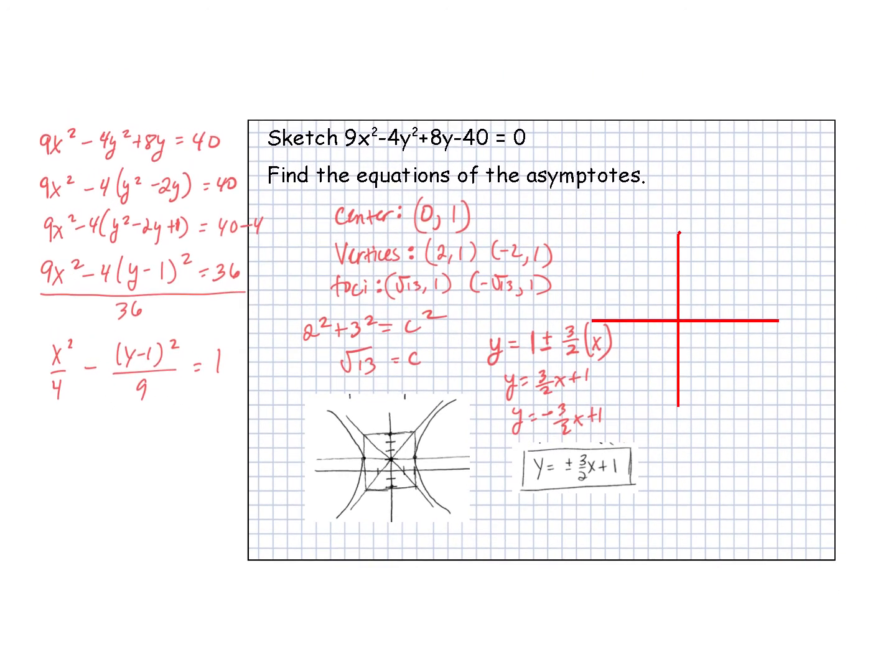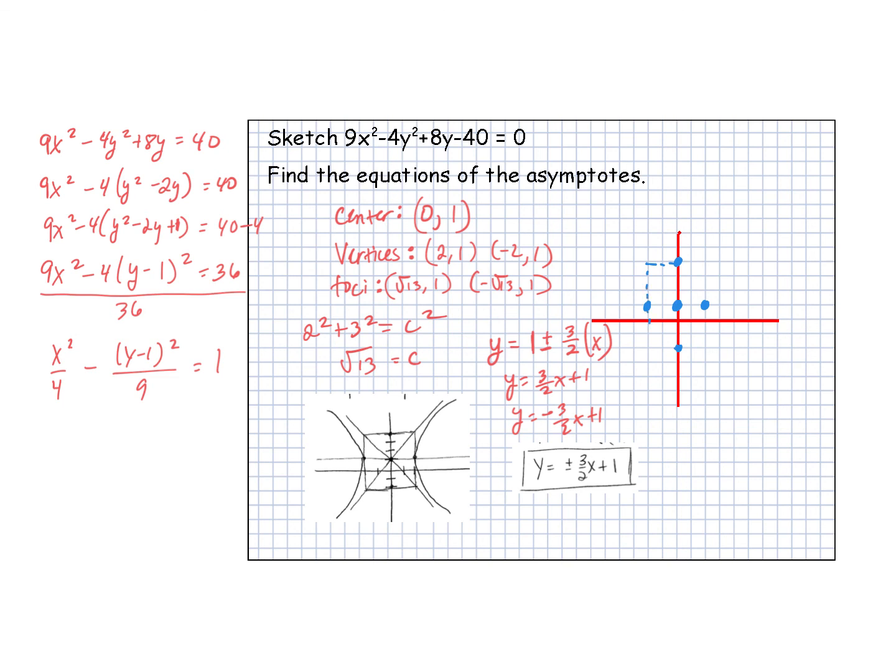Let me change colors. So starting with my center at 0, 1, I can sketch my rectangle. I'm going right and left 2 units, those are my vertices. Up and down 3 units. They just create my rectangle.